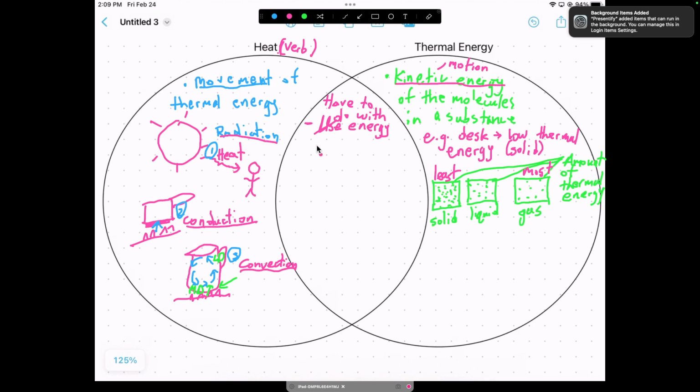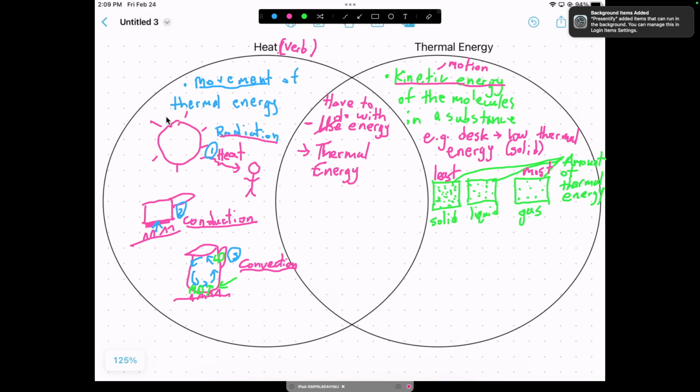And specifically, we're talking about thermal energy. Okay, so obviously thermal energy has to do with thermal energy, but we're really talking about movement of molecules with thermal energy.